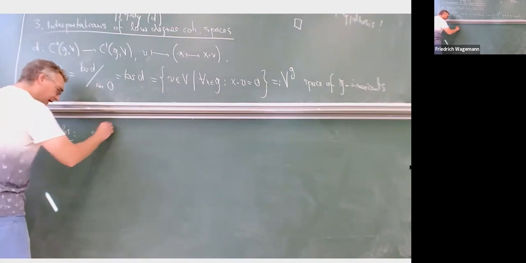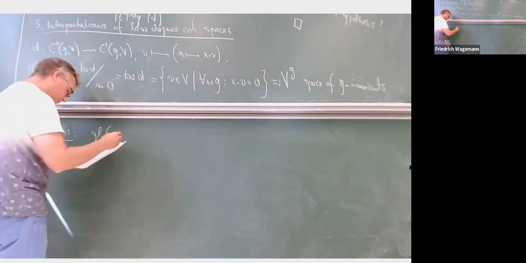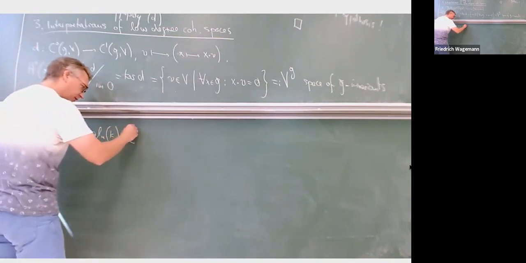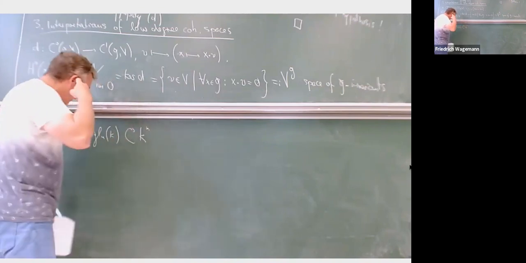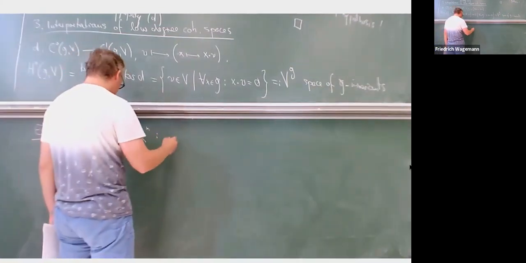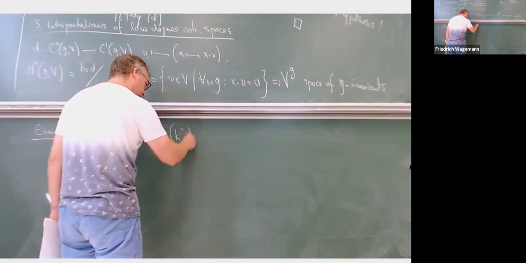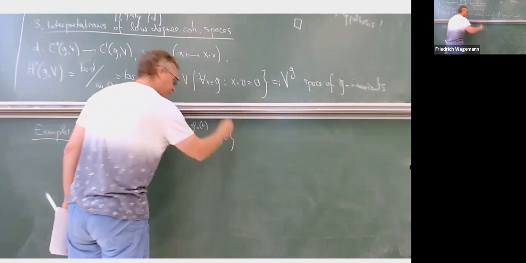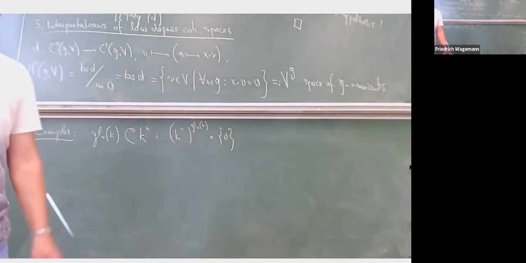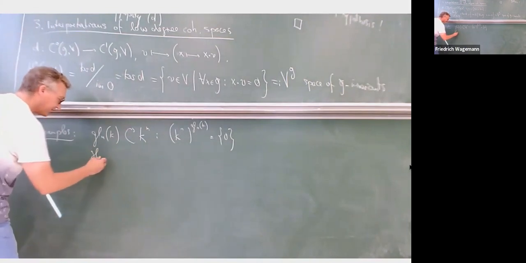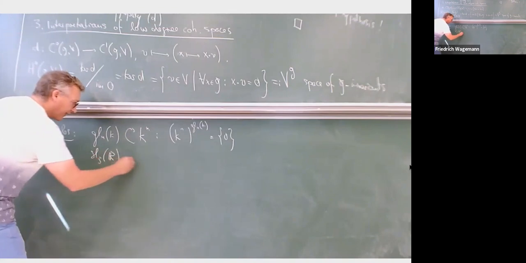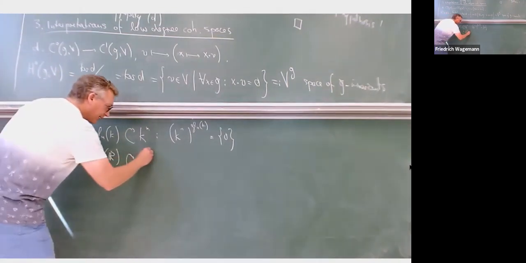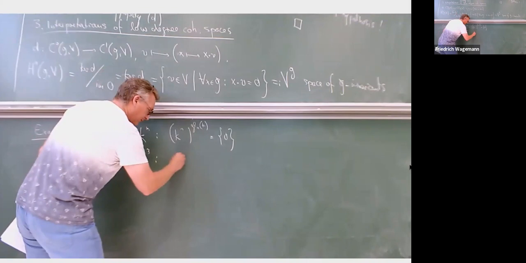So gl_n(K) acting on K to the n. And what are the invariants? K to the n, gl_n(K) invariants is 0. Yeah. No element is invariant. This even works with sl_n or sl_3 acting on R^3. Yeah, no invariance.